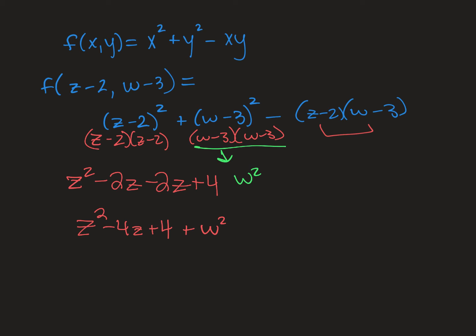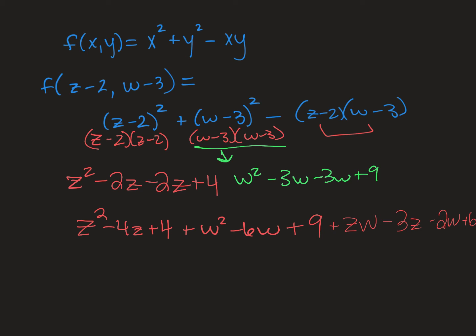So w squared minus 3w minus another 3w plus 9. So that becomes w squared minus 6w plus 9. And then let's FOIL our last one. So z times w is zw, then minus 3z minus 2w plus 6.